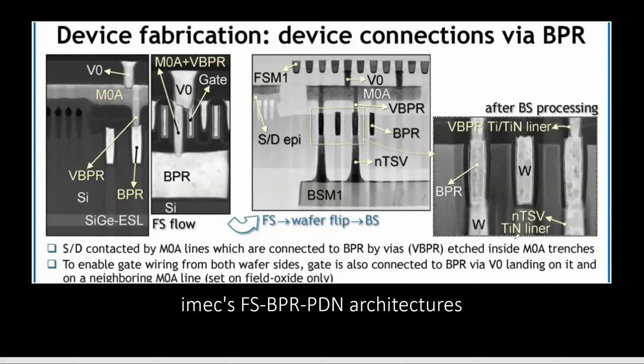The reason is that it's too close to the channel. If you use copper, which can reduce the resistance even further, you don't want to do that, right? Just like everything else in the metal one area, the contact area, you have to use non-copper, right? Cobalt or tungsten. Right now it's pretty much cobalt.